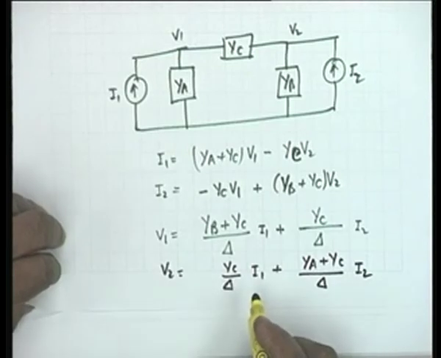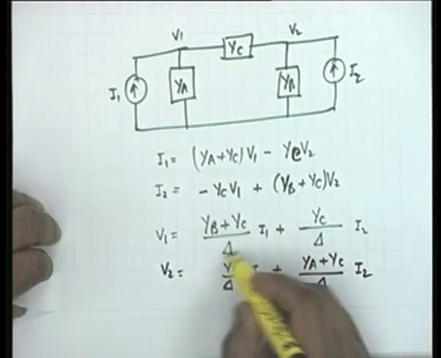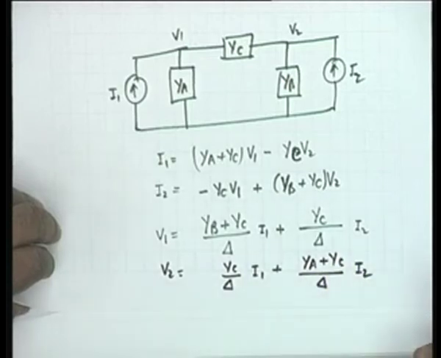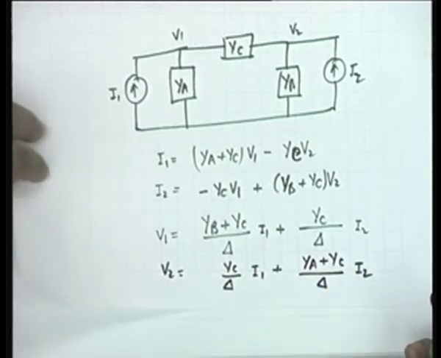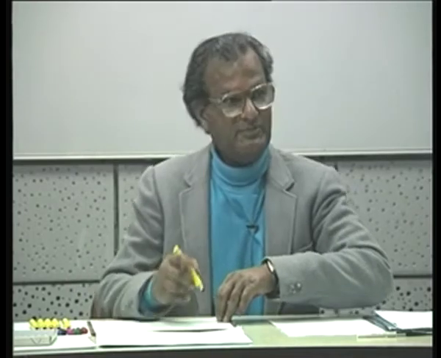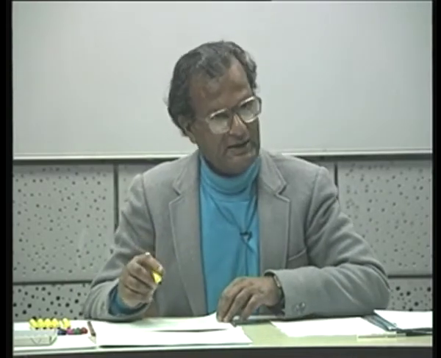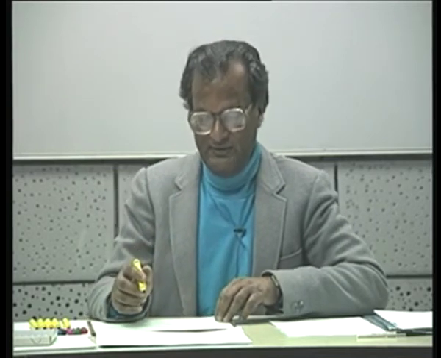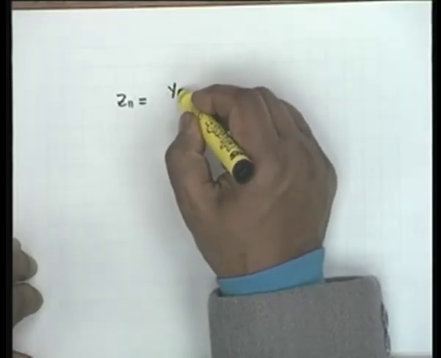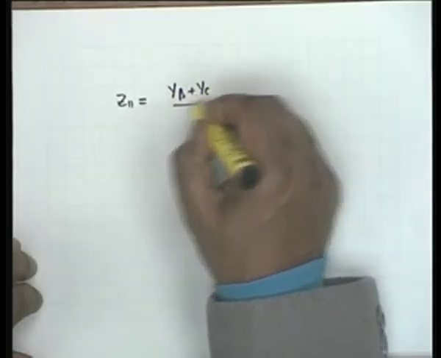So you immediately identify Z11, Z12, Z21 and Z22. Agree? Let me write these results. This is obtained not by inspection but by node analysis, and this was to illustrate the general procedure that you will follow in the case. Okay, Z11 is YB plus YC divided by del.